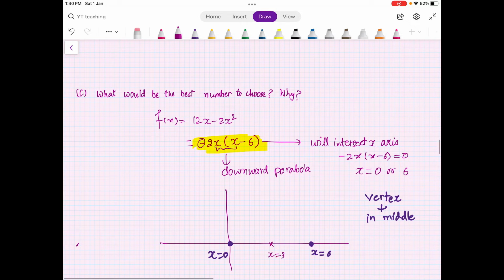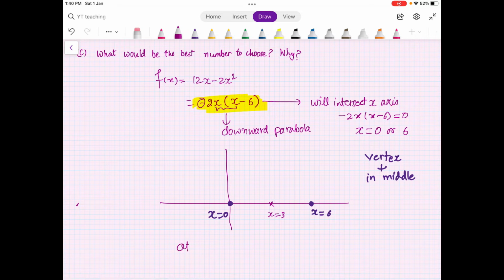And at x equals 3, what is the value? f of 3 will be 12 times 3 minus 2 times 3 squared. So this is 36 minus 18, right?